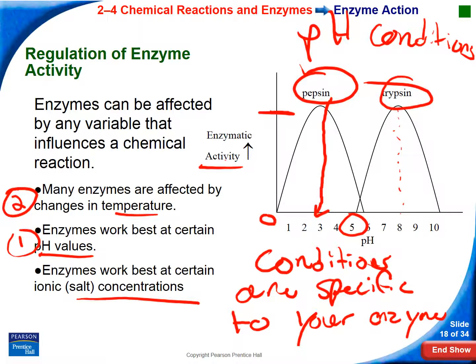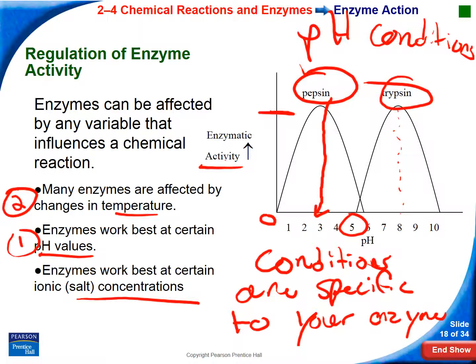So the 3 conditions we really care about are temperature, pH, and salt concentrations. We're going to talk about pH and temperature the most. Salt concentrations do play a factor, but we're not going to really look at those as much, as they do kind of the same thing as pH.